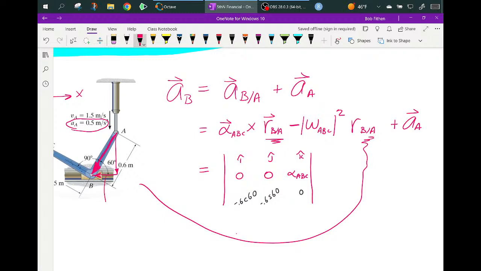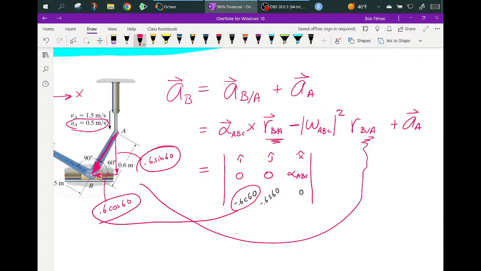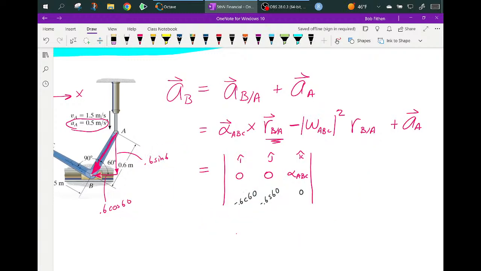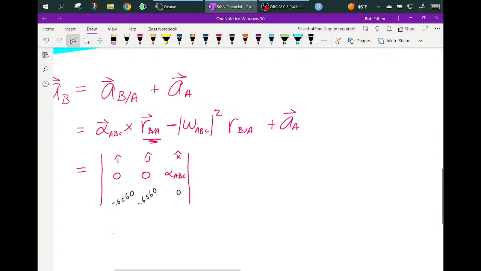This one is 0.6 cosine of the 60, 0.6 cosine of the 60, and this one is 0.6 sine of the 60, and it's pointing down as well. So in fact, since I've done this vector equation before, that's what we get.